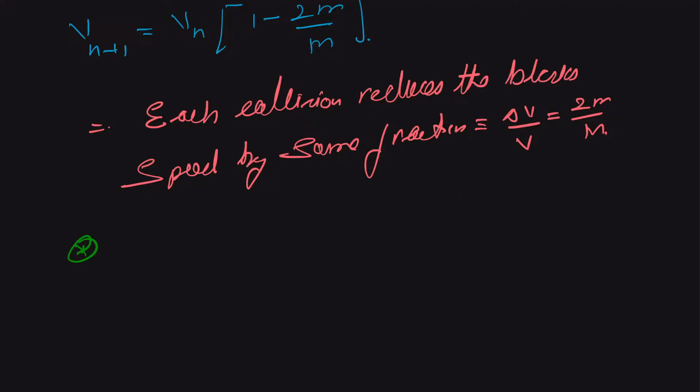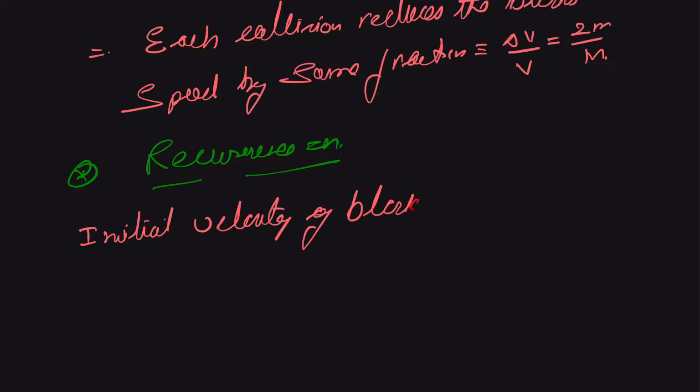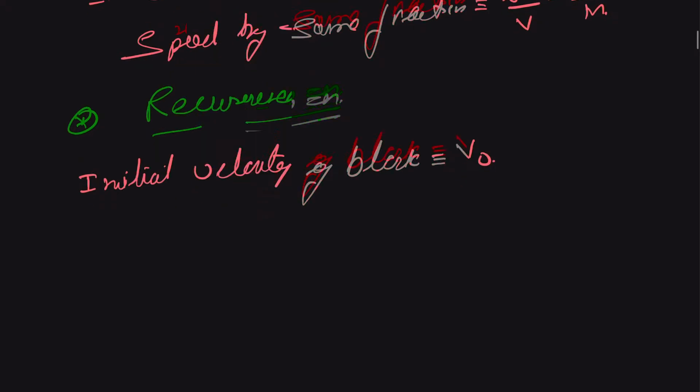So we can say recurrence equation, and for that we are going to start with the initial velocity. The initial velocity of the block is given to us as v naught.